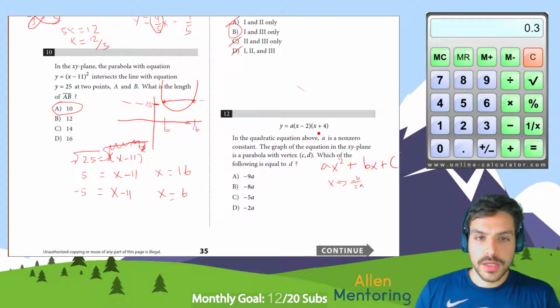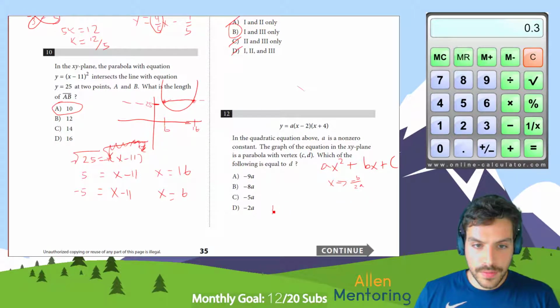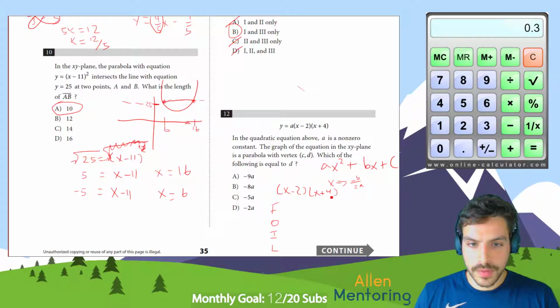So how do we FOIL x minus 2 times x plus 4? Well, the first thing is FOIL: F-O-I-L. F means first times first, and so that's going to be equal to x squared. Outer means outer times outer, which is 4x.